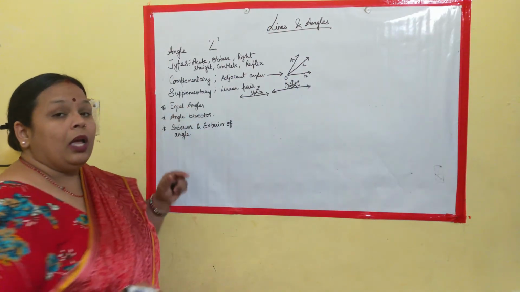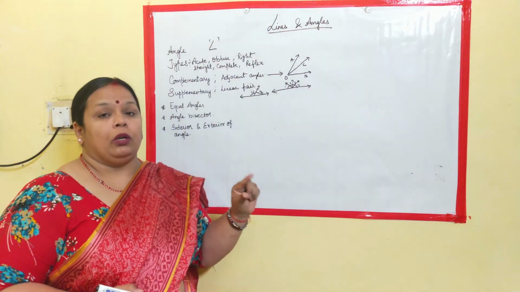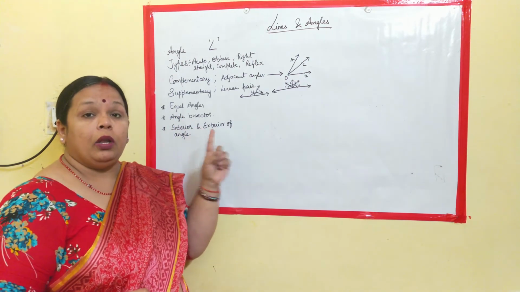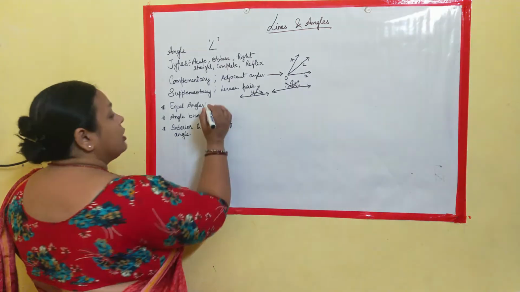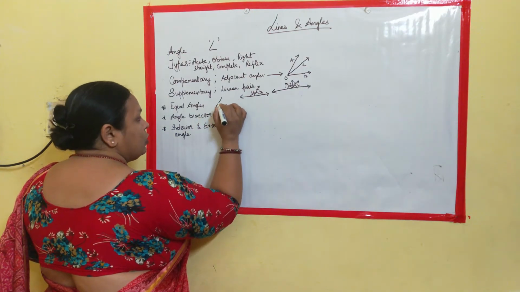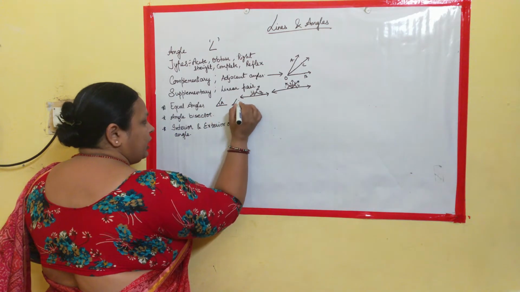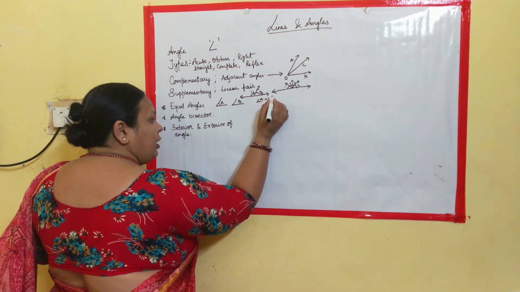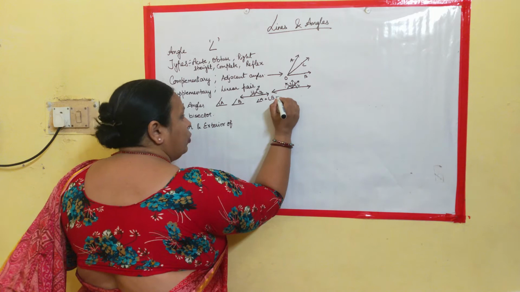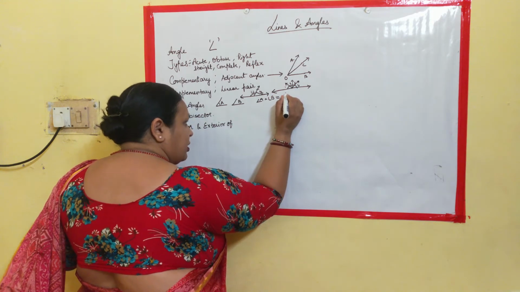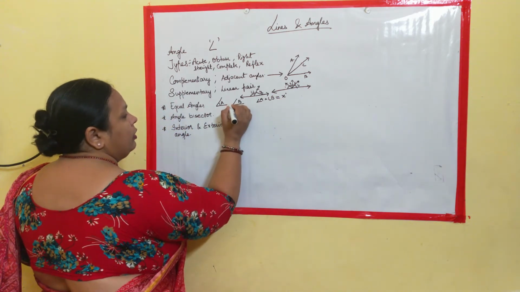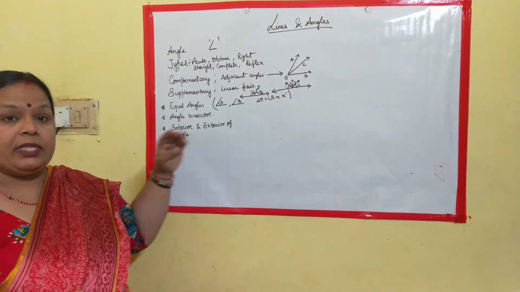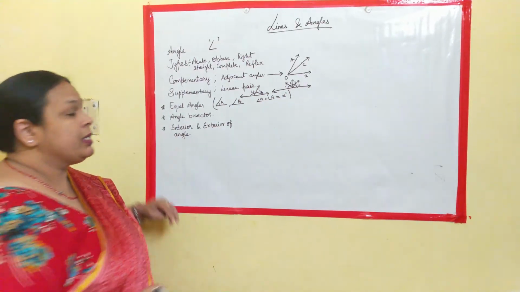Equal angles: two angles are said to be equal if their measures are the same. Like if this is your angle A, this is your angle B, angle A is said to be equal to angle B when both measure x degrees. Clear? Now, angle bisector. What is an angle bisector?